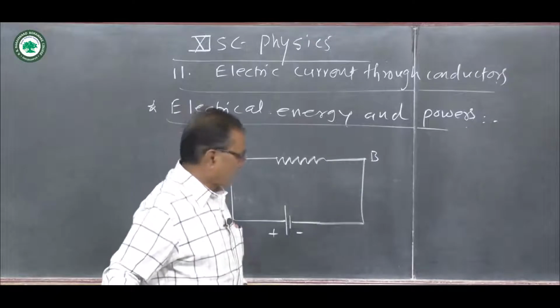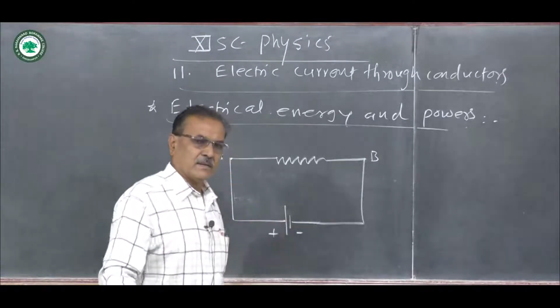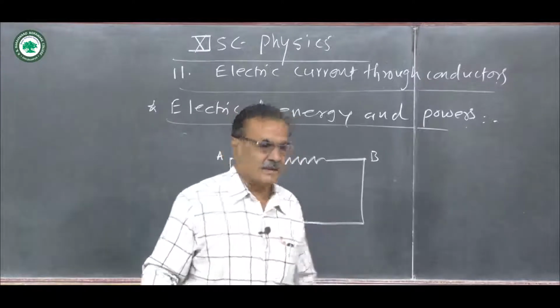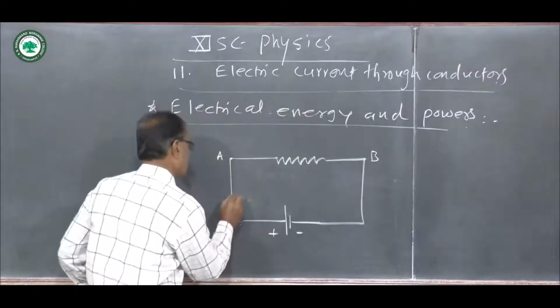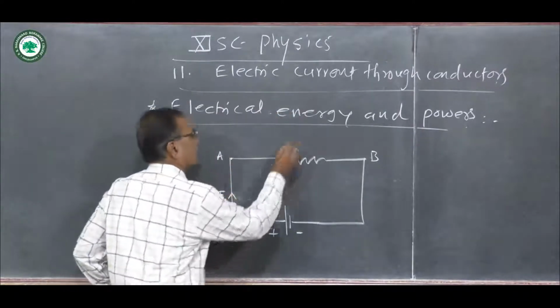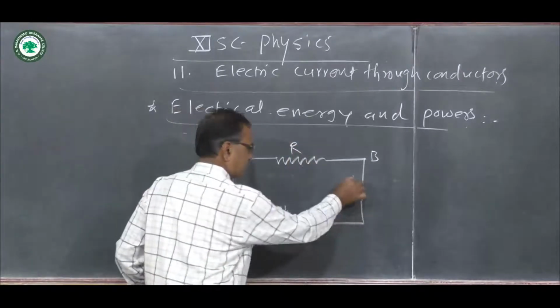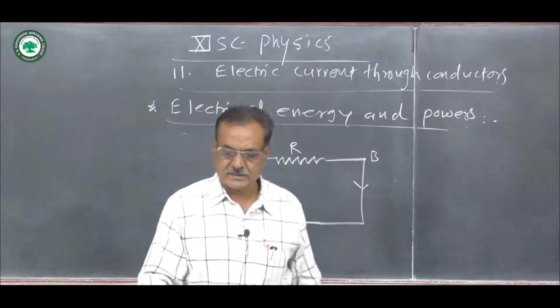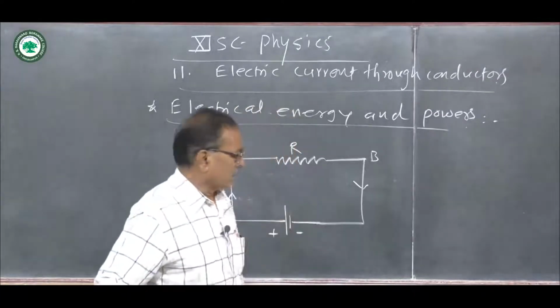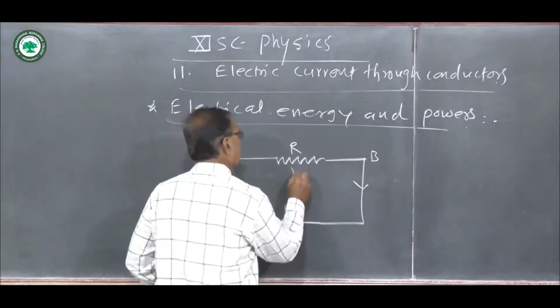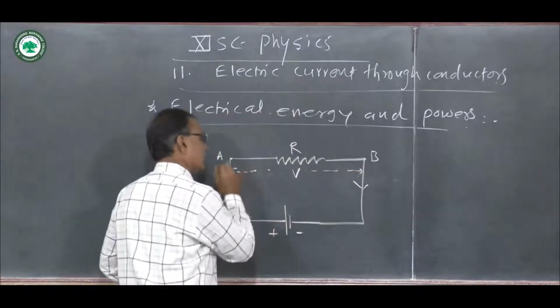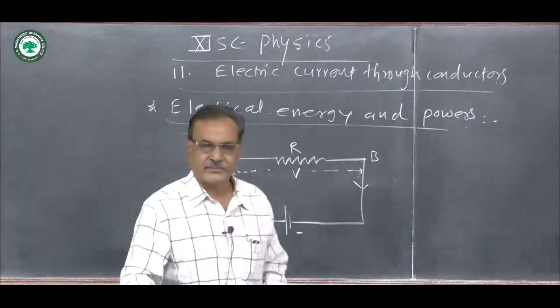Now, when an electrical cell is switched on, the current flows through the resistor, and the potential difference is produced between these 2 points, that is phi.